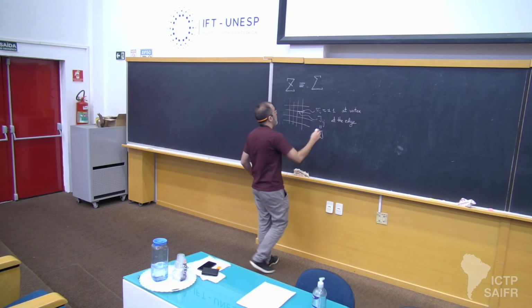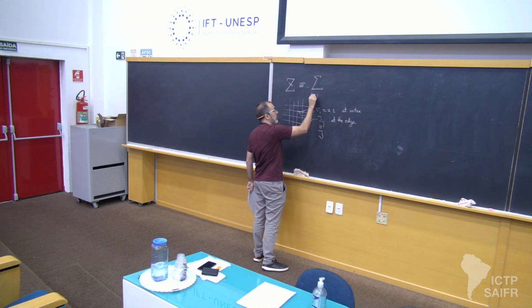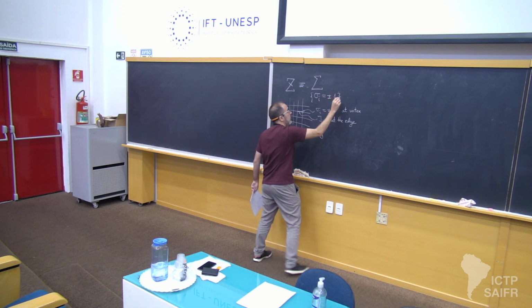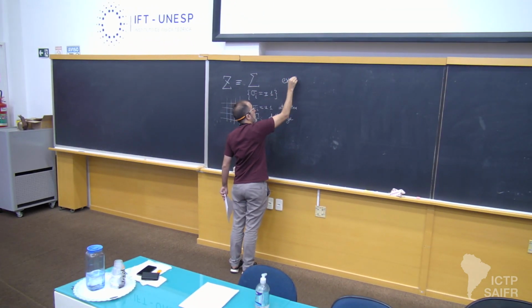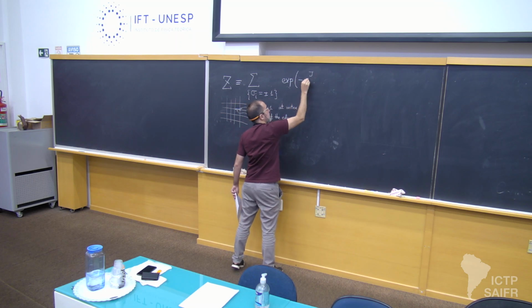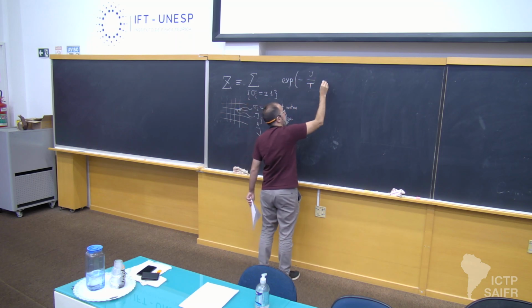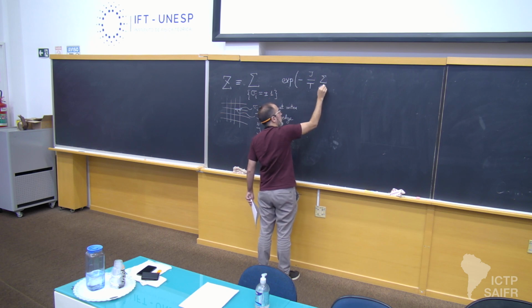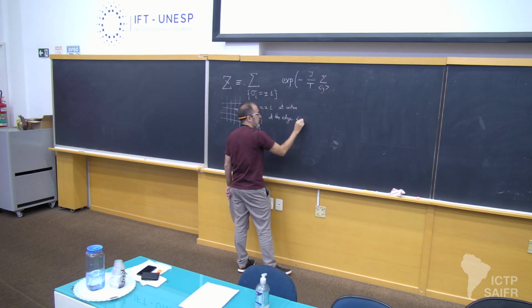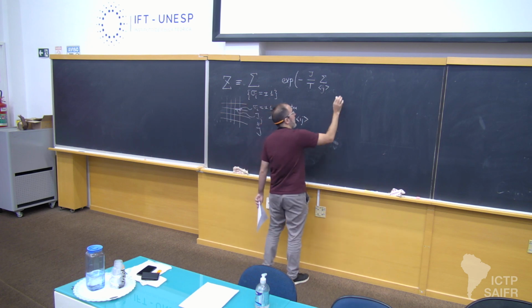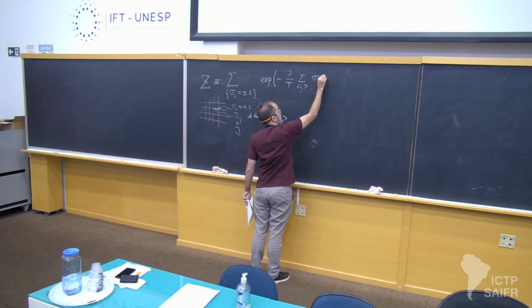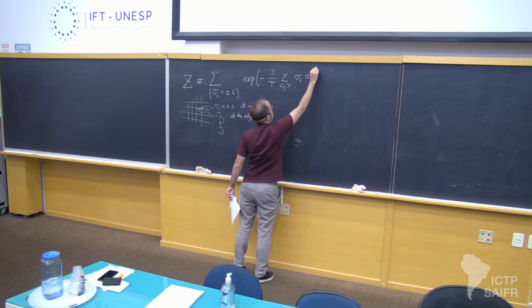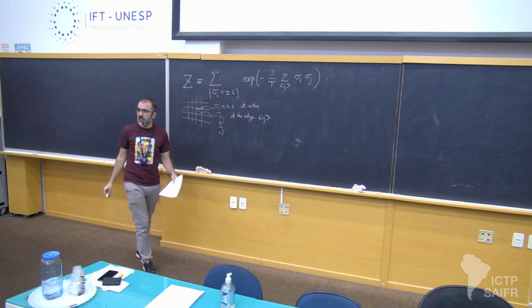And so we have a summation over all configurations, which are sets of sigmas that can be plus or minus 1, of exponential of minus the energy over the temperature, and the energy is just the summation over all edges, connecting I and J, of sigma I and sigma J. So this is familiar to everyone, right?